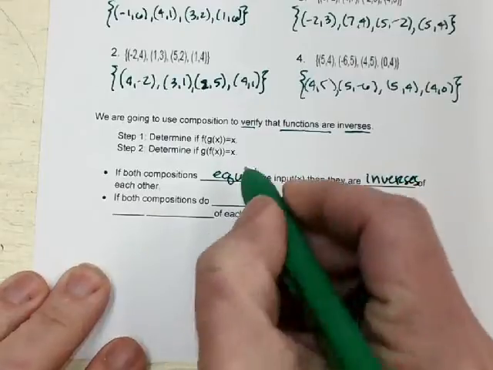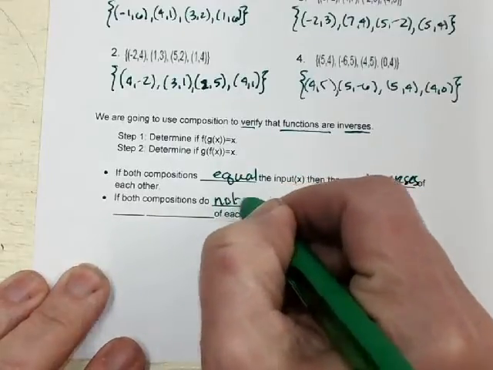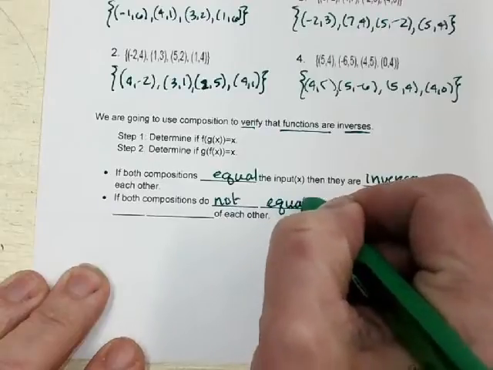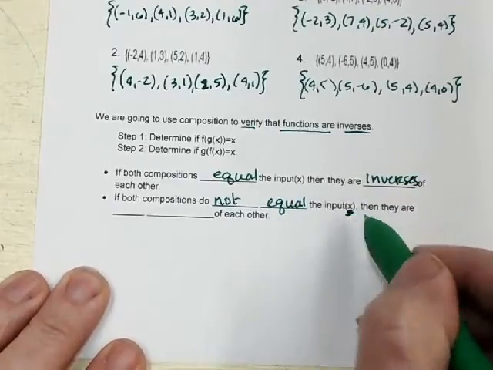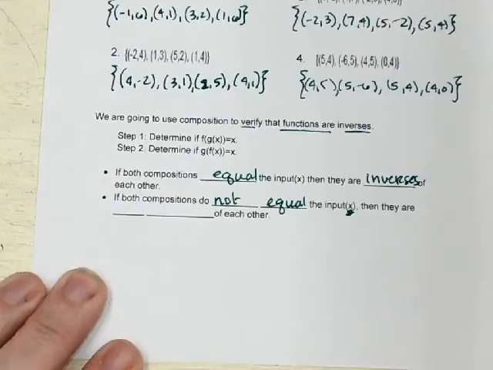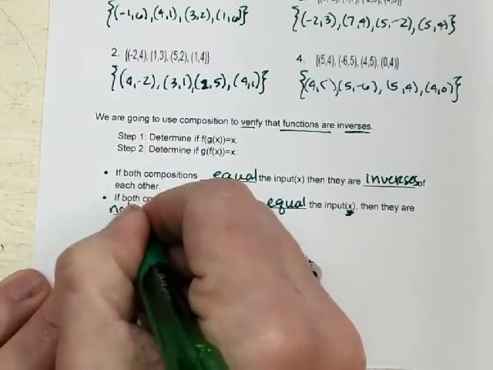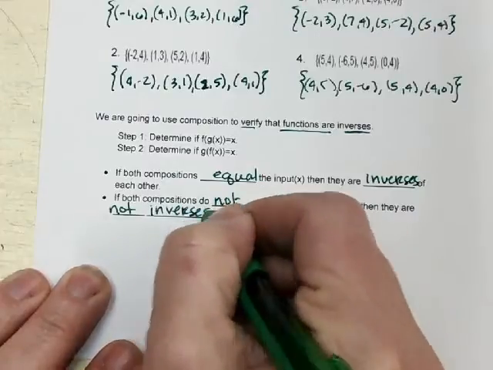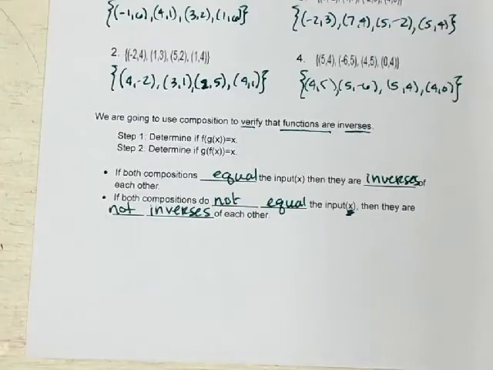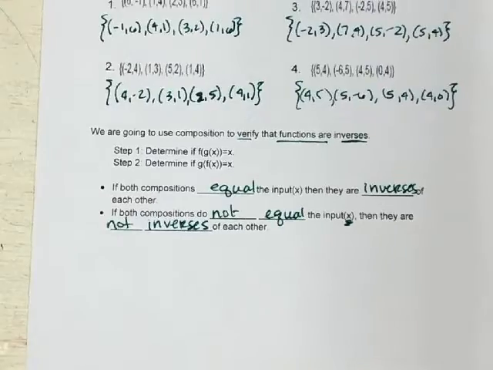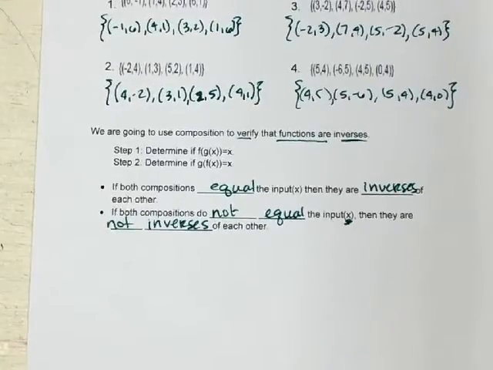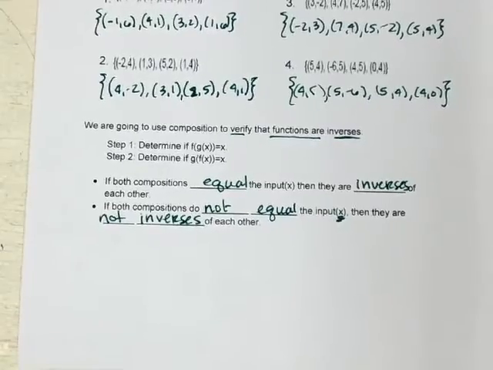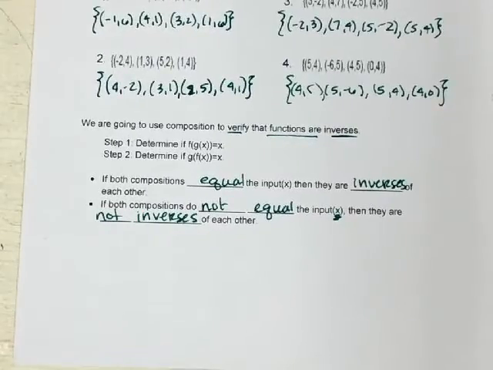But if it does not equal x, when you simplify it all the way down, then they are not inverses. So it's just doing composition, simplifying it to see what you get. Some of them are a little bit tough. I'm not going to lie to you and tell you that they're not. But it's just composition, order of operations, simplifying it as much as you can.